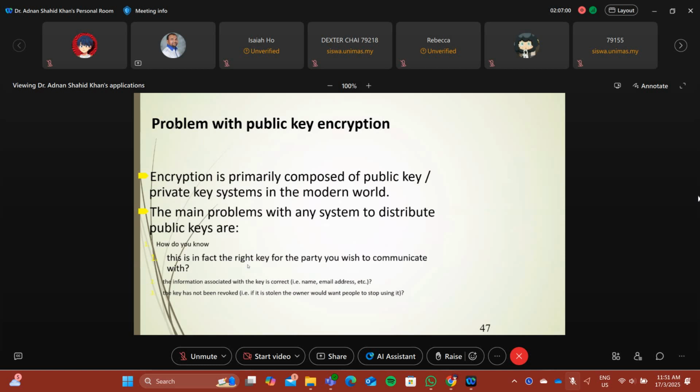If I send you people sk@adnan.unimas, you know this is the right key. If it's Gmail, anybody can share with my students, so I can say, oh, this is not the right key. The information associated with the key must be correct: name, email address, etc. The key must not have been revoked. If I leave Unimas, after 6 or 10 months they revoke my key, so nobody uses that key. Or if the keys are stolen, I can request, please revoke the key.